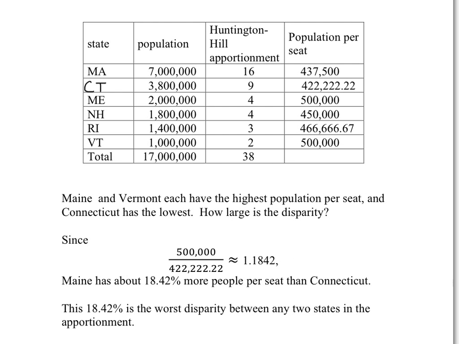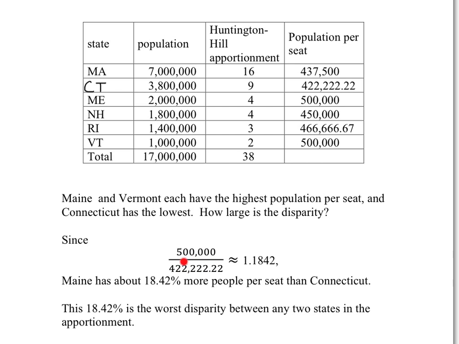Look back at our example of apportioning 38 seats among these states with these populations, according to Huntington and Hill. Here, Maine and Vermont have very high population per seat. In other words, they have crowded congressional districts, whereas Connecticut has a fairly low population per seat, so that its congressional districts are comparatively uncrowded. Now, how large is this disparity? How can we measure it?